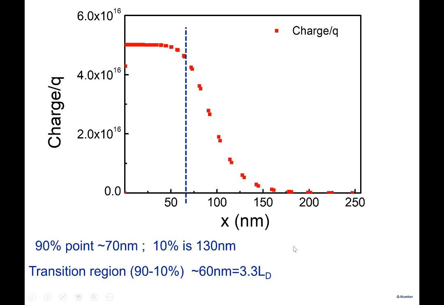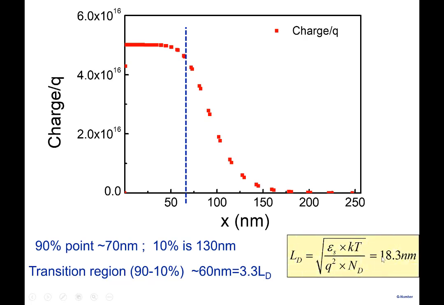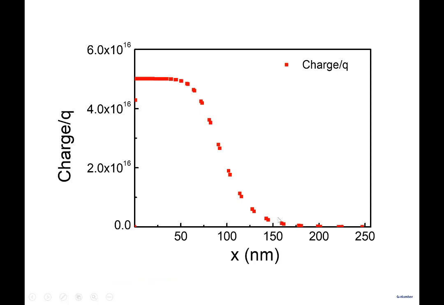So, all right, LD is here. So this is the charge here. If you are neglecting the transition region, does it mean that you are neglecting all this charge here? Total charge in the space charge region, if you integrate, is this here.